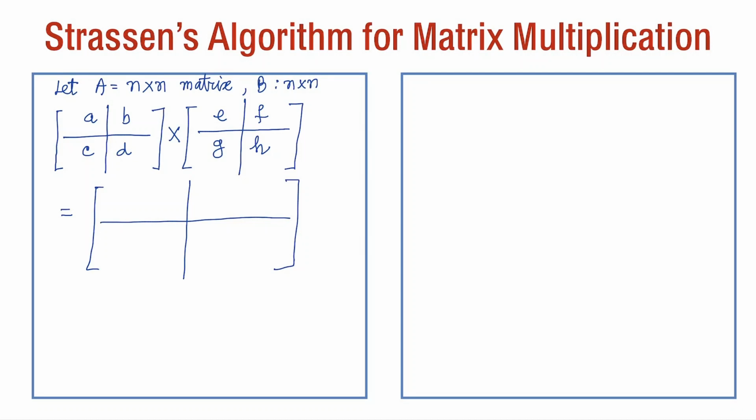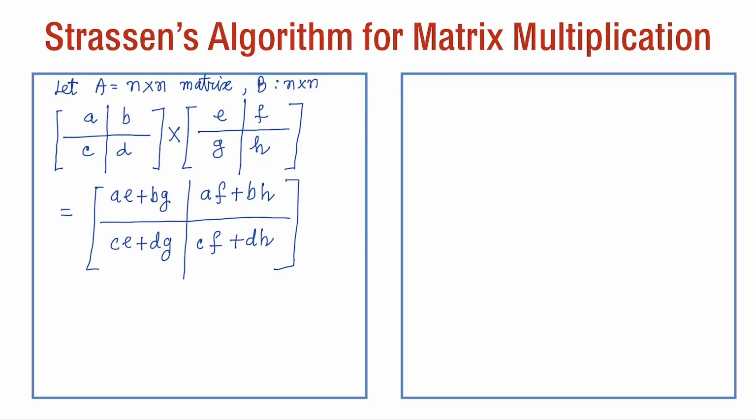Here we will have AE plus BG. Here we will have AF plus BH. Here we will have CE plus DG, and here we will have CF plus DH.